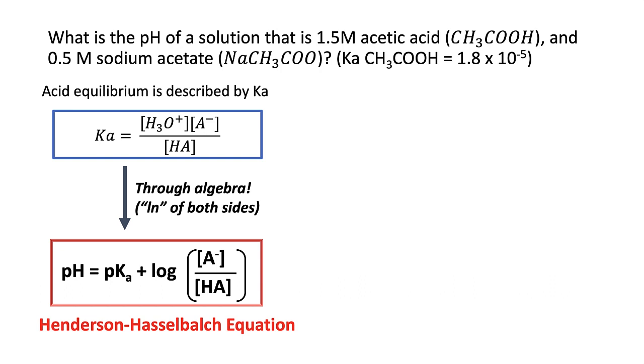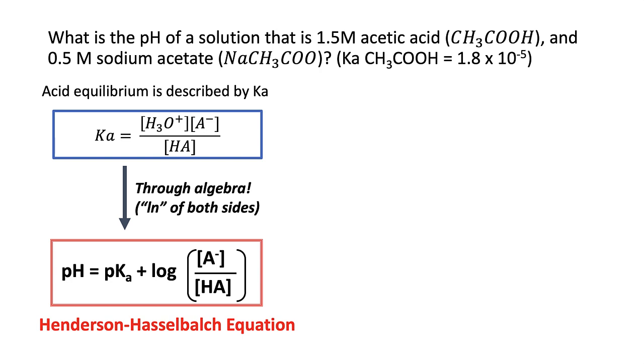And this is still Ka. We just, through algebra, take the log of both sides, and we end up with this bottom equation in red that says that pH is equal to pKa plus the log of A- over HA concentration. In other words, this is the Ka of the buffer that we're looking at, because remember, they're an acid-base conjugate pair.